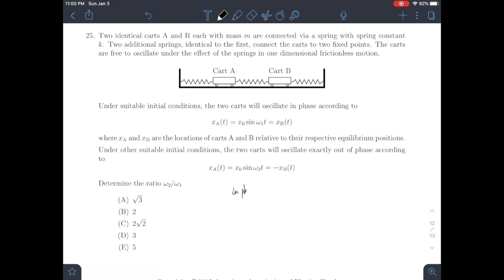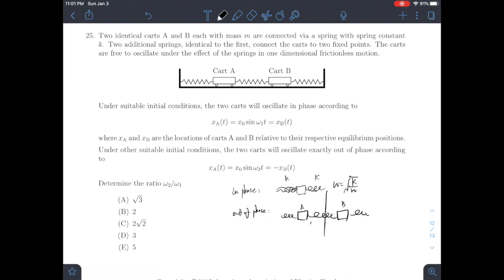Let's look at the first case, the in-phase case. We can consider each of the carts as just a block oscillating with two springs pulling on it. So we have two springs with spring constant k and a mass m. Then we know the angular frequency is the square root of k over m. In the out-of-phase case, we have two masses, block A and block B, connected by a spring in between.